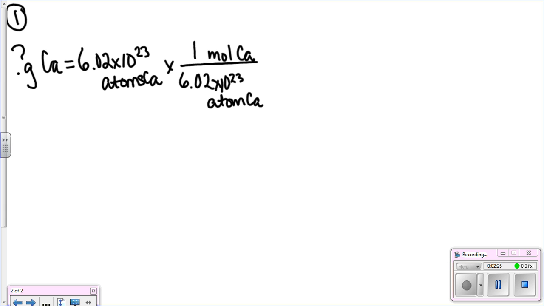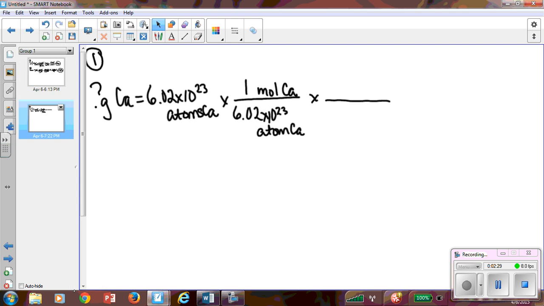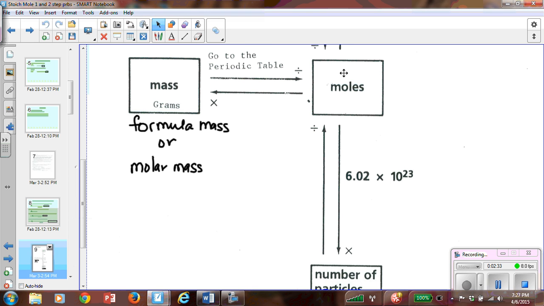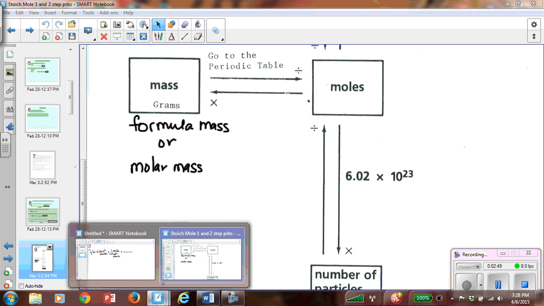Our next equality, or the second step, is where we go from our moles to our mass, and we will use our periodic table to look up the mass. The box we're starting in, which is our moles, will be in the bottom of the equality, and the box we're going to, which is mass, will be in the top.